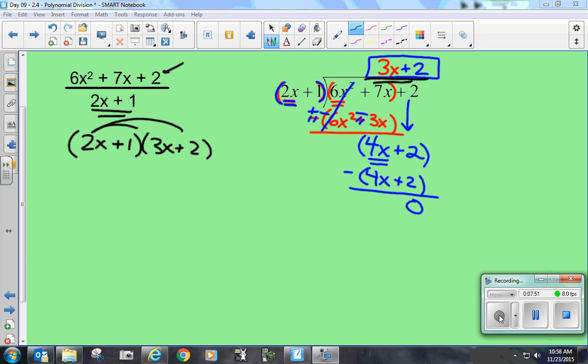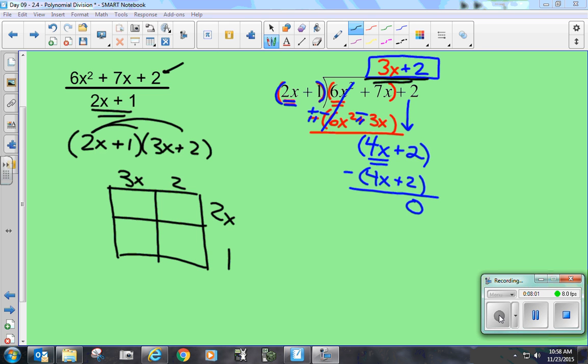Some people do the box method, with 3x and 2 on one side, and 2x and 1 on the other. If I multiply this out, 3x times 2x gives me 6x squared, and then 3x times 1 is 3x, this gives me 4x, and this gives me 2.